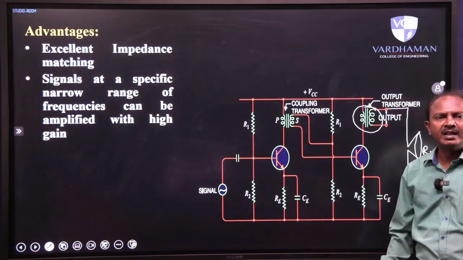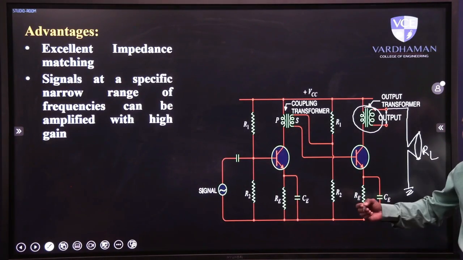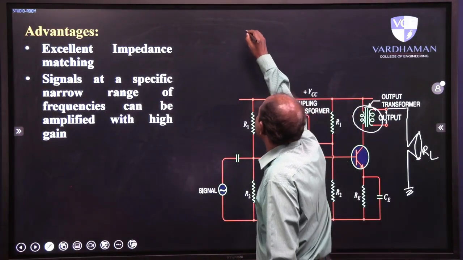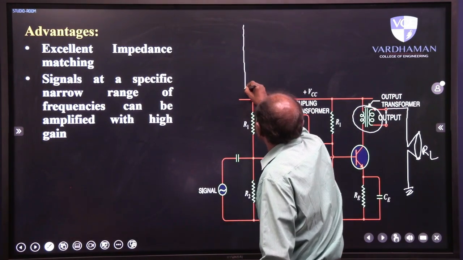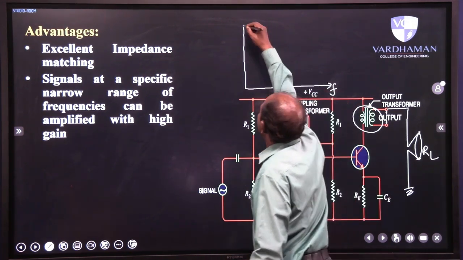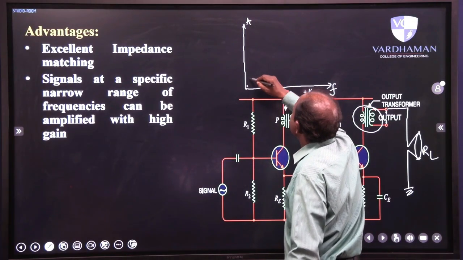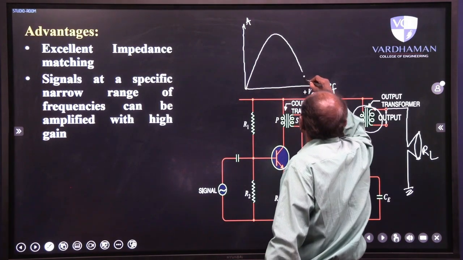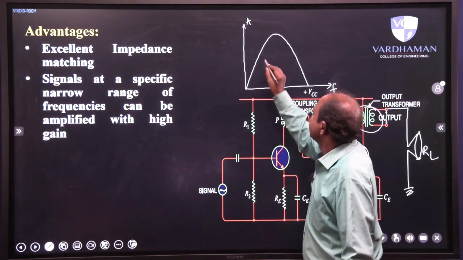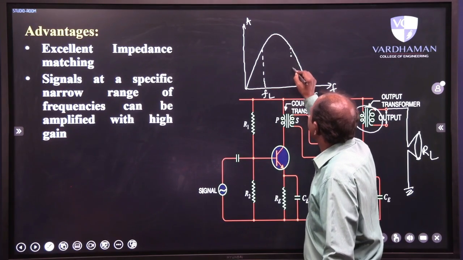Then the second one: signals at a specific narrow range of frequencies can be amplified with high gain. You can understand this just by looking at the frequency response of transformer coupling schemes. The frequency response of a transformer coupled amplifier will be more or less like this, where if you carefully observe, signals in a specific range of frequencies between FL and FH can be amplified.